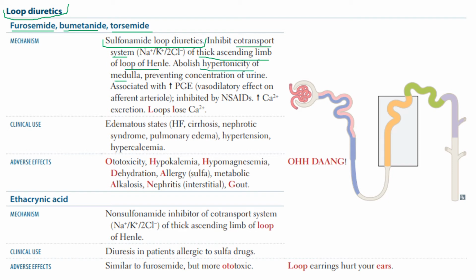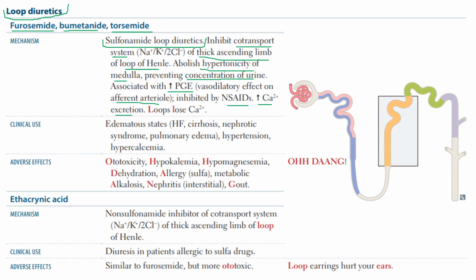abolishing hypertonicity of the medulla and preventing concentration of urine. It is associated with prostaglandin E, which is a vasodilator. It has vasodilatory effects on the afferent arteriole, which is inhibited by NSAIDs, and it leads to increased calcium excretion.